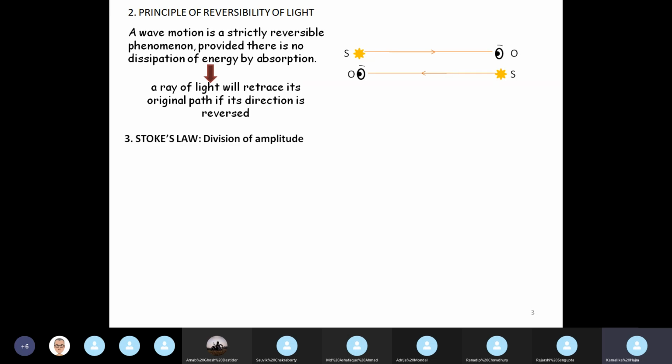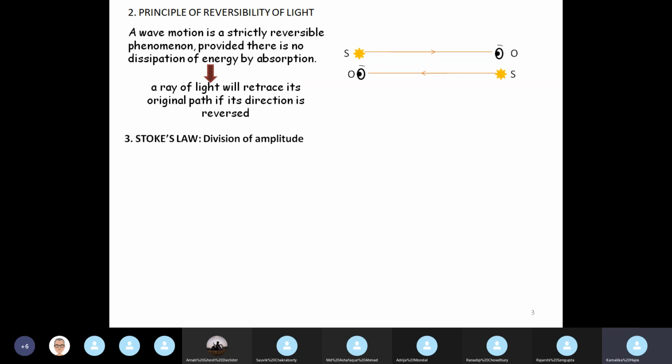Okay, now comes the third and most important part of this particular exercise, that is what is unique, as well as the most important law when we have to analyze interference by division of amplitude, and that is Stokes' law.